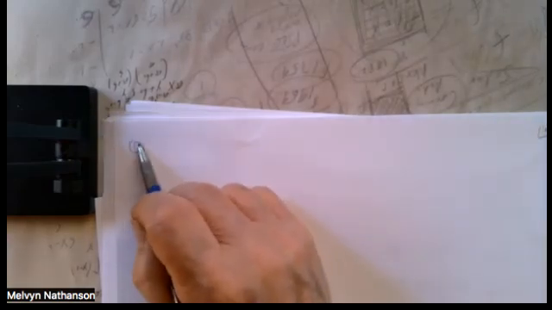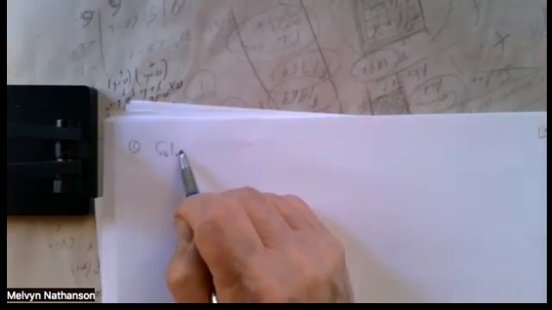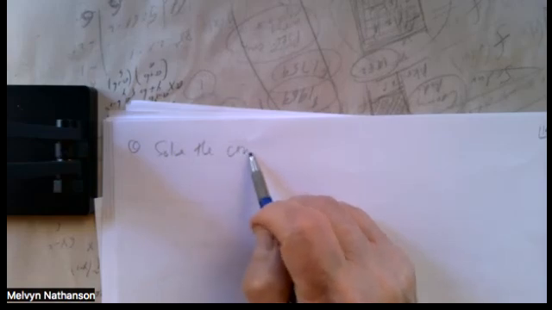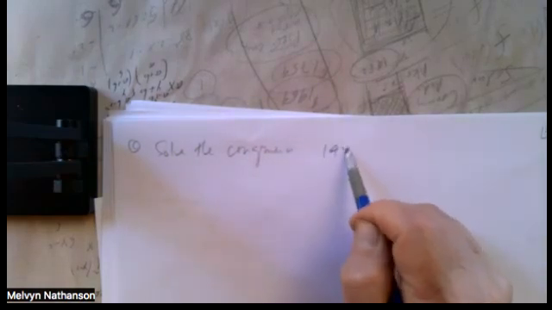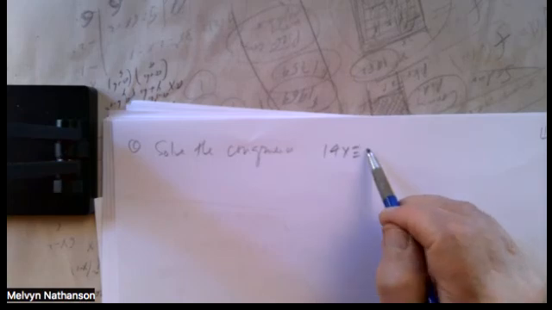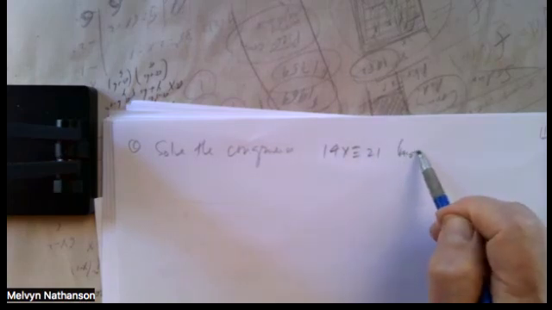Let's look at part C. Solve the congruence 14x congruent to 21 mod 17.